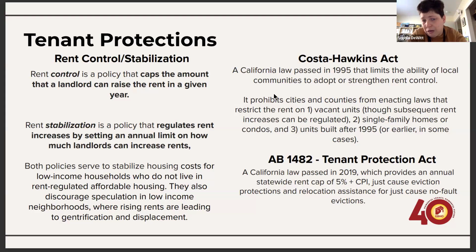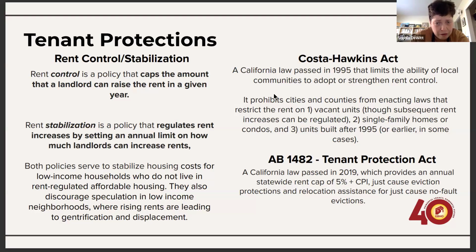Related to rent control and rent stabilization, there are some important state laws that folks should know about. One is the Costa-Hawkins Act, a California law passed in 1995 that limits the ability of local communities to adopt or strengthen rent control laws.